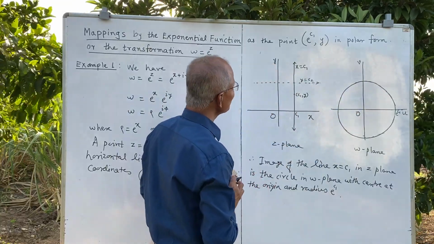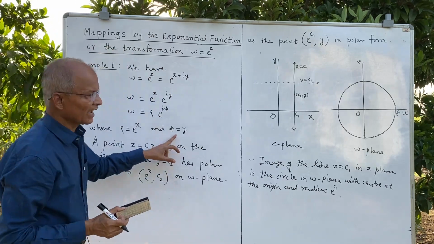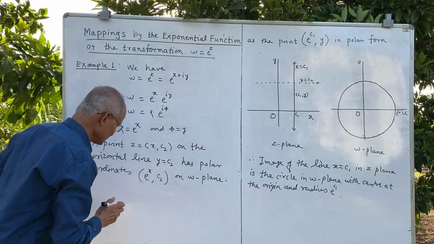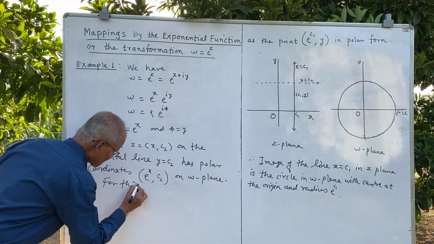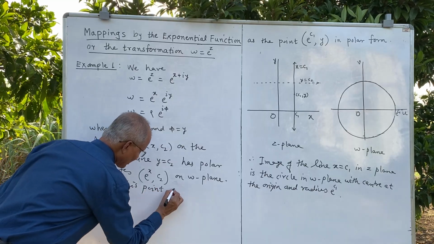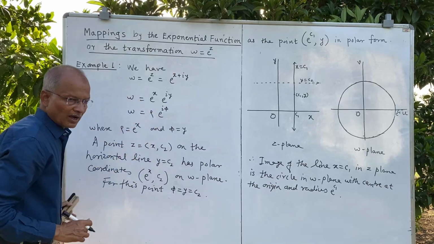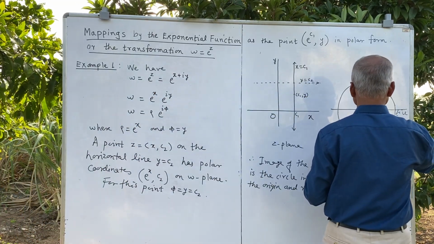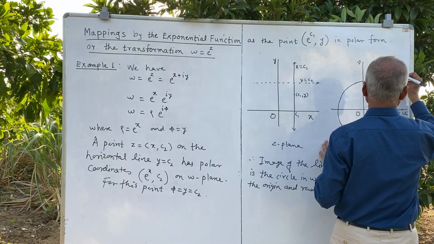So y is C2 means phi is equal to C2, and the angle is C2. The angle remains fixed. So here phi for this point is equal to y is equal to C2, and thus the angle is C2, and that we shall show by this dotted line.